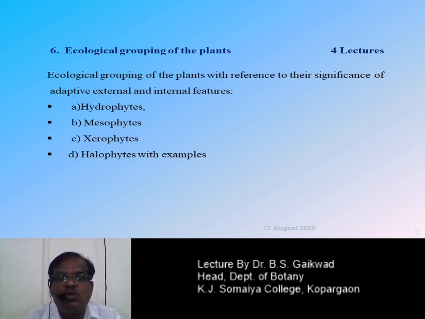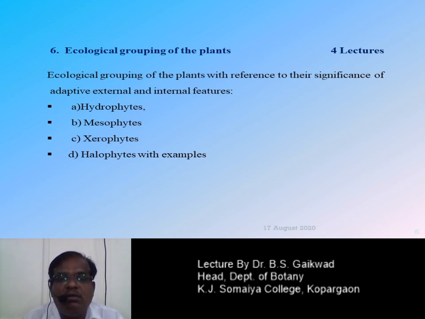Floating hydrophyte means what? The plants that totally float on the water surface, and there is no contact of the root to the base of the water resource or the mud of the water resource. They totally float on the water surface.